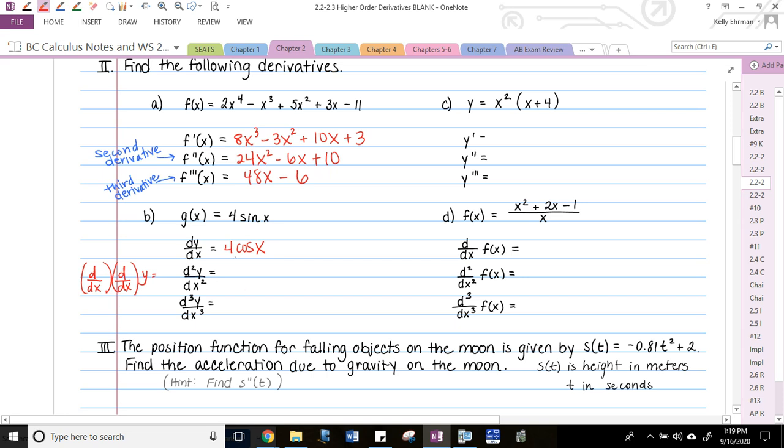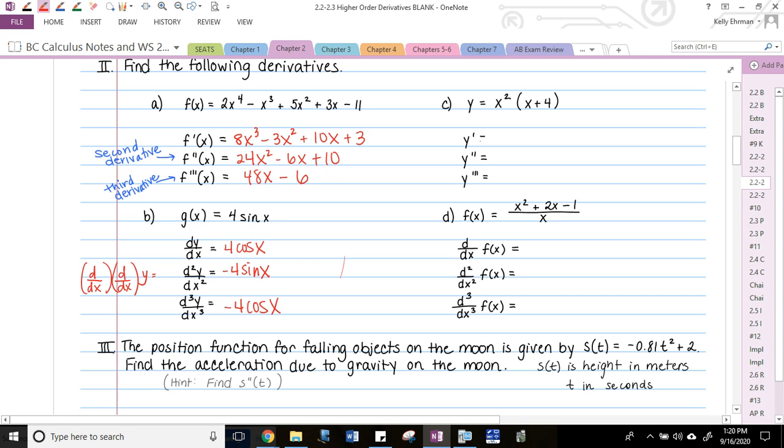All right, anyway, derivative of cosine is negative sine, so this will be negative 4 sine x. And the third derivative will be negative 4 cosine x. There's no end. It's just going to keep cycling around. The fourth derivative would get us back to positive 4 sine x, and then on and on and on. So there's a cycle of 4 for the sine and cosine derivatives.